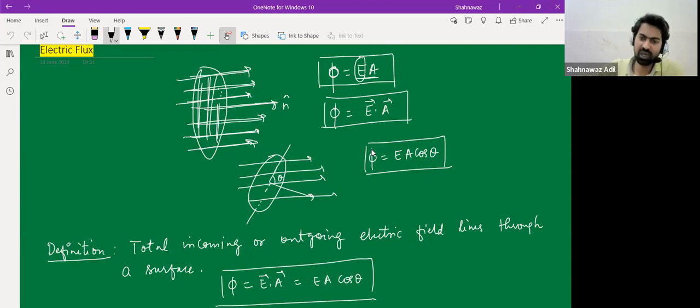So yeah, did you guys note down this part? Is electric flux scalar? Yeah, electric flux is scalar. Your voice is breaking, Aisha. What did you say?